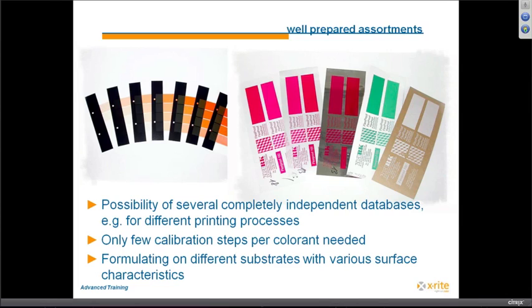Imagine, as a simple primitive example, a coated paper which has a very smooth surface, and an uncoated paper which has a rough surface. The color distribution and the behavior of the ink on both are completely different. And it's wrong to say that one assortment can cover all needs.